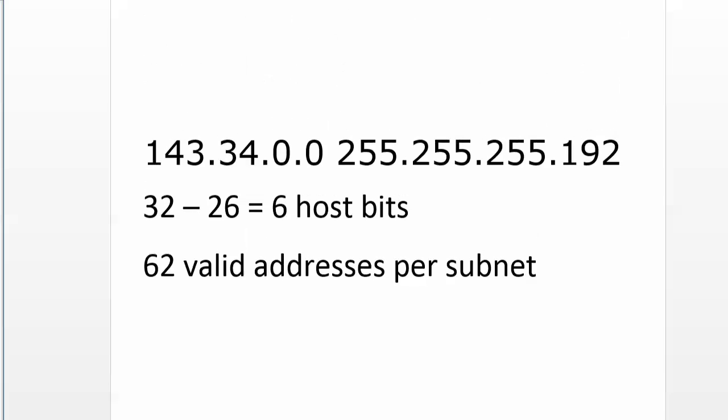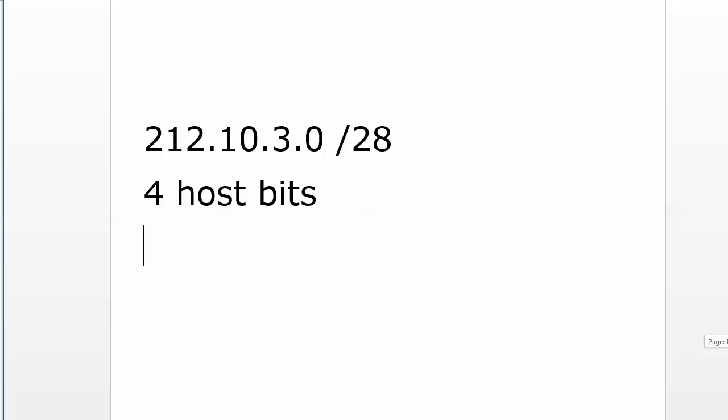Actually, we don't. But that's all there is to it. If they give it to you in prefix notation, they've done most of the work for you. We've seen that already with this particular example. You've got 32 minus 28 is 4, so you've got 4 host bits, 2 to the 4th power: 2, 4, 8, 16 minus 2, 14, and you are all set. That's all there is to this one.